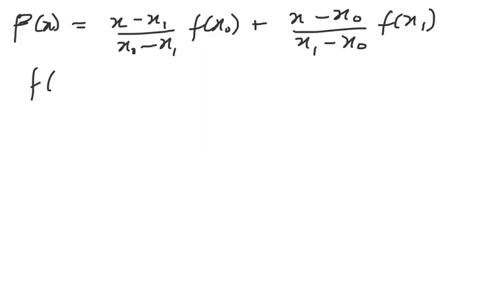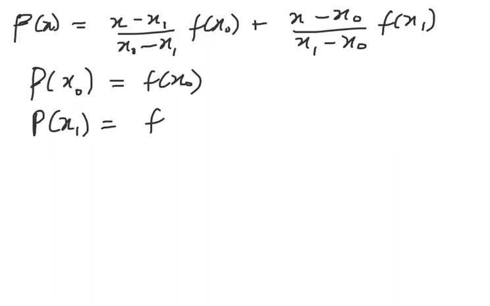What happens when I evaluate this P at X naught? What value will I get? We are getting the original one, which is 4. So we are getting F of X0. Yes. Similarly, when I evaluate at X1, I'm also getting F of X1.